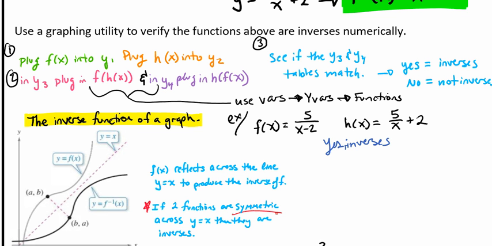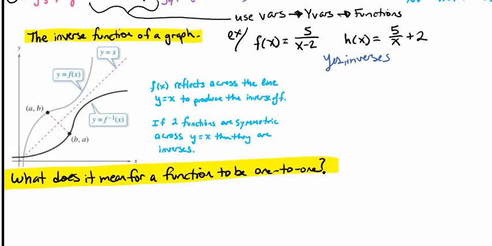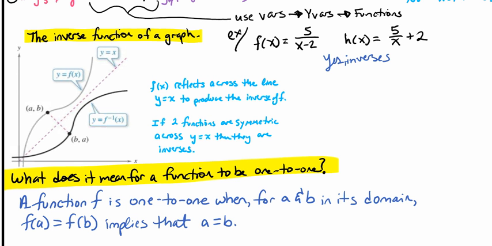Let's talk a little bit more about what it means for a function to be 1-to-1. A function f is 1-to-1 when for a and b in its domain, f of a equals f of b implies that a equals b.